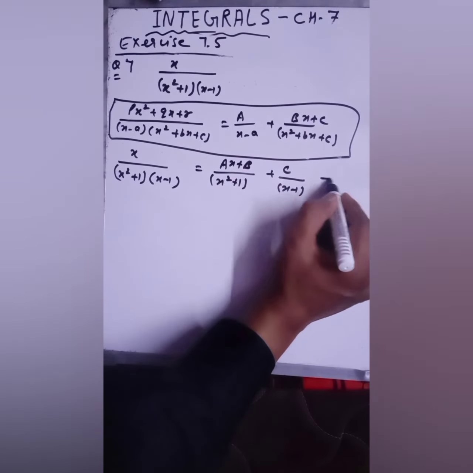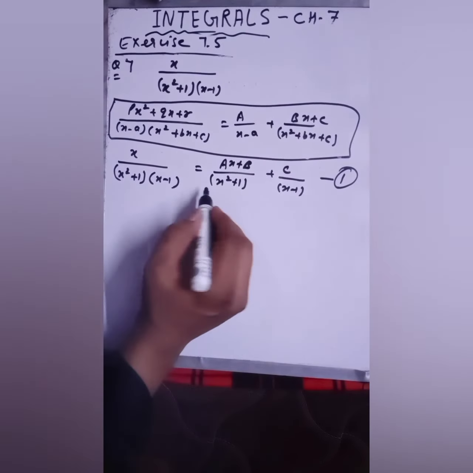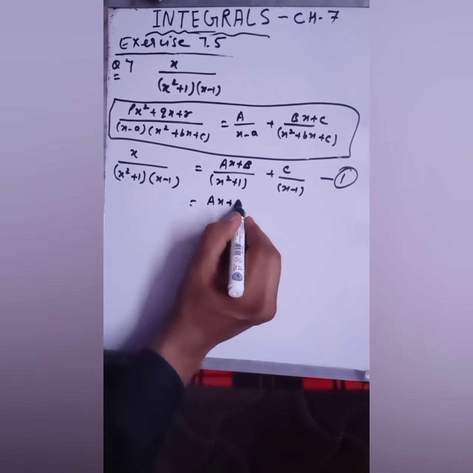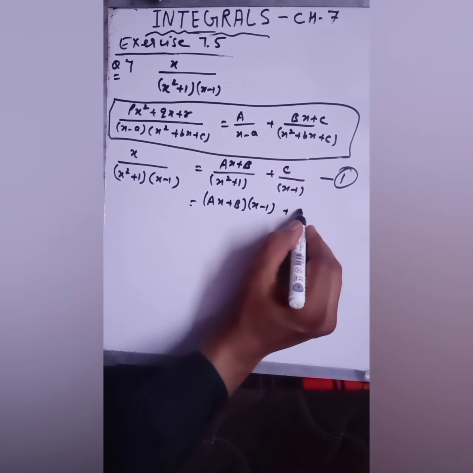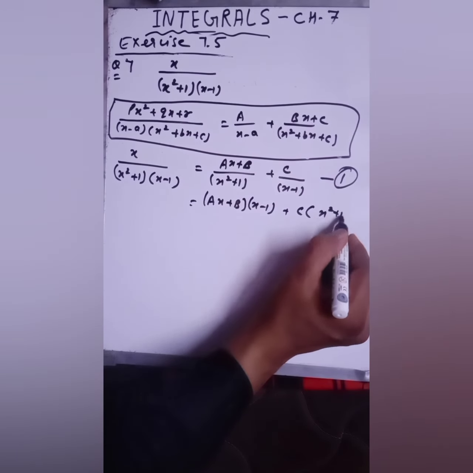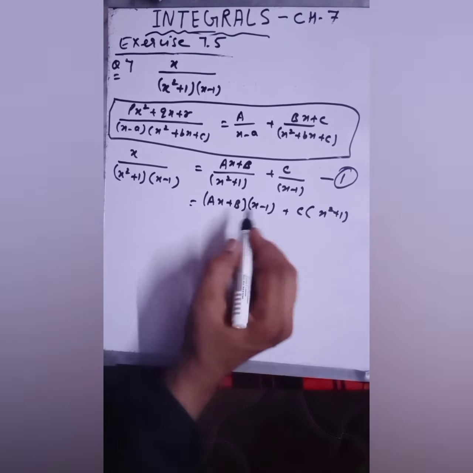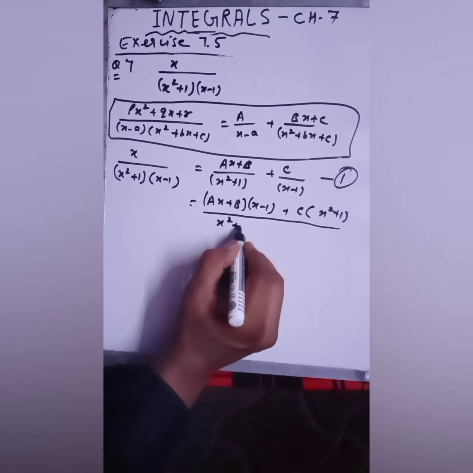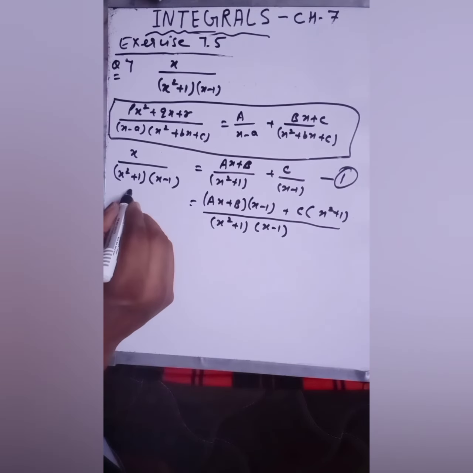Now this is your equation number 1. Fine. So again you have to take LCM. This ax plus b times x minus 1, plus c times x square plus 1, the same thing which you have done in question number 1, 2, over x square plus 1, x minus 1.